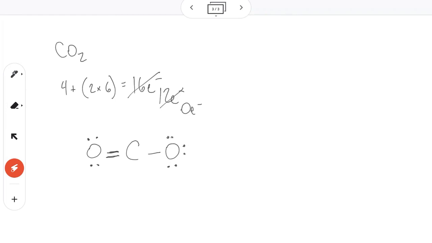Okay? But the carbon's still not good yet. It still has 6. It needs 8. So I'm going to do it for the other oxygen as well. And now if you look at it, carbon has 2, 4, 6, 8 valence electrons, and each oxygen has 2, 4, 6, 8, and 2, 4, 6, 8 valence electrons.